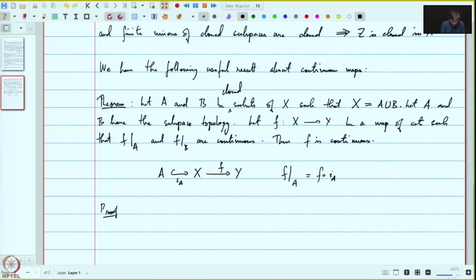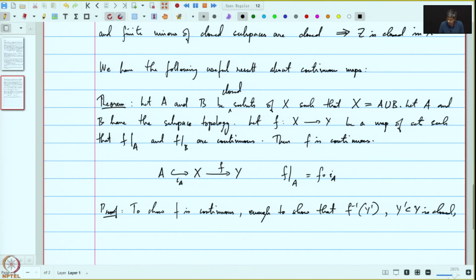So proof: to show f is continuous, it is enough to show that f inverse of a closed subspace is closed in X.